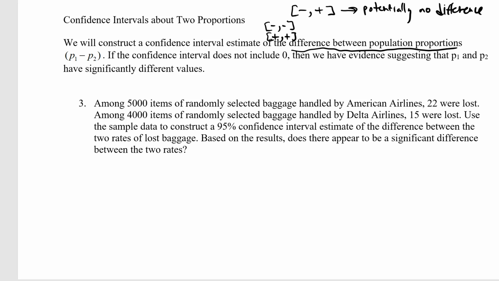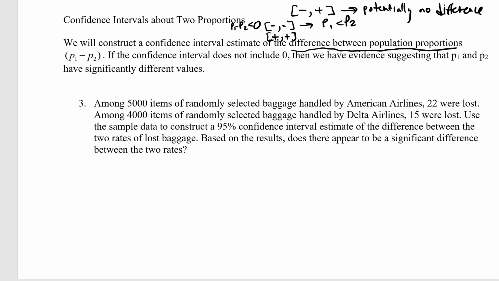I'd like to take that a step further and say, well, if it's negative to negative, if I did P1 minus P2, and it's negative, less than 0, then that implies that P1 is less than P2. If the difference is negative, then that means the second one must have been bigger. When I subtracted them, I got negatives.